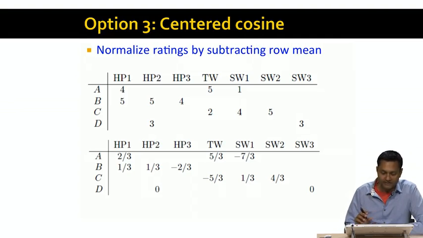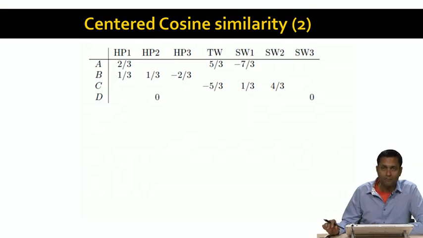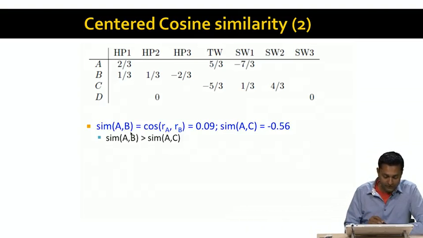Now, once you've done this centering, we can compute cosines using these centered ratings. When we do that, the similarity of A and B now becomes the cosine of the centered rating vectors RA and RB, and that turns out to be 0.09. And the similarity of A and C using the centered cosine actually turns out to be negative 0.56, which captures the fact that A and C are quite dissimilar users.